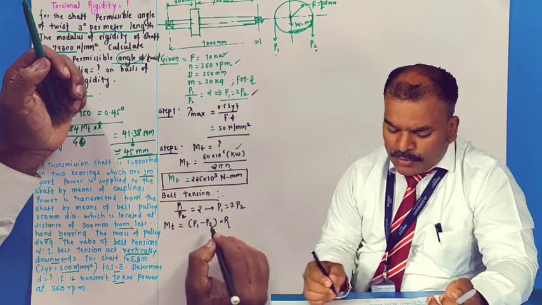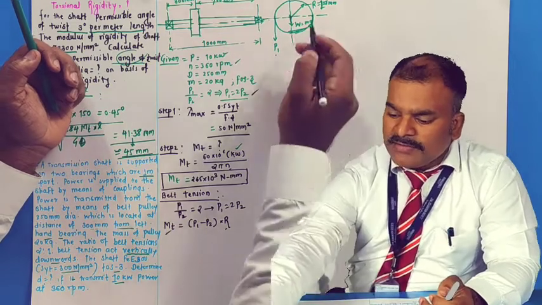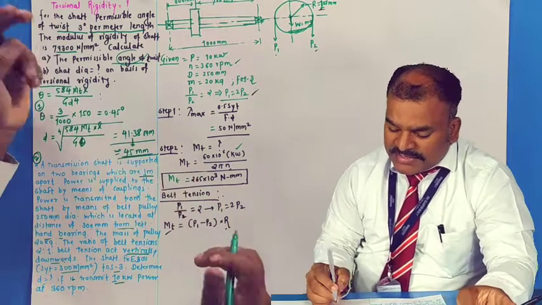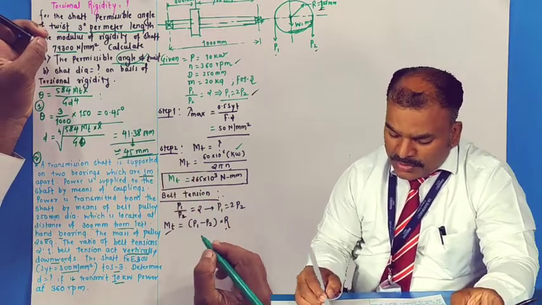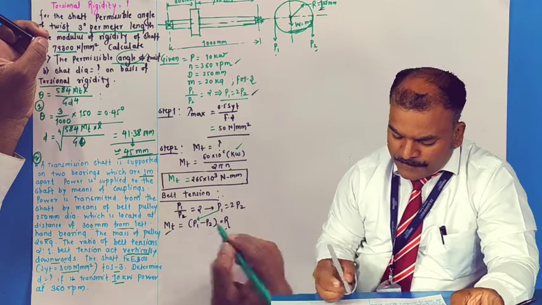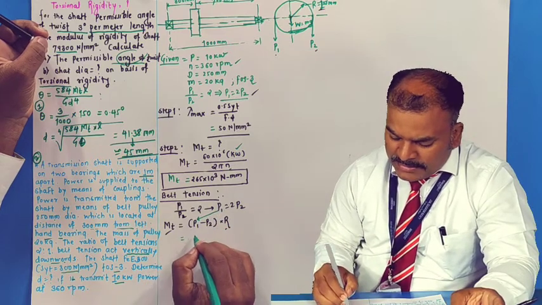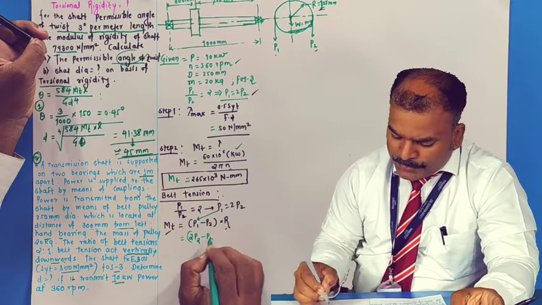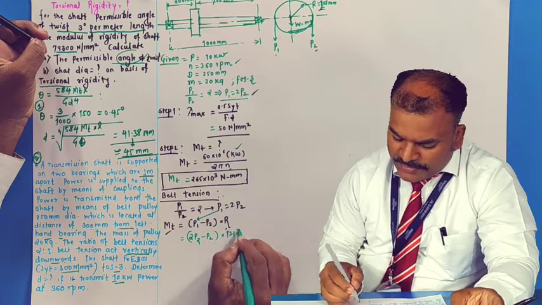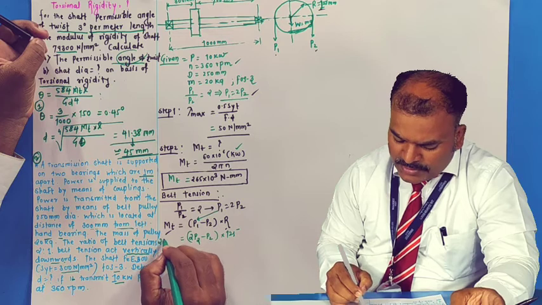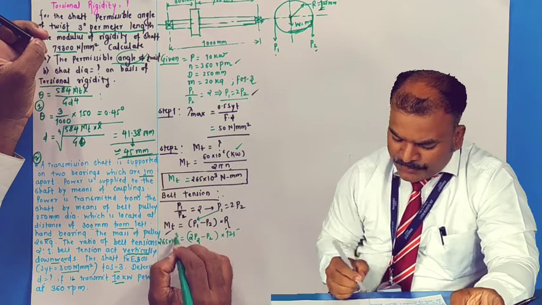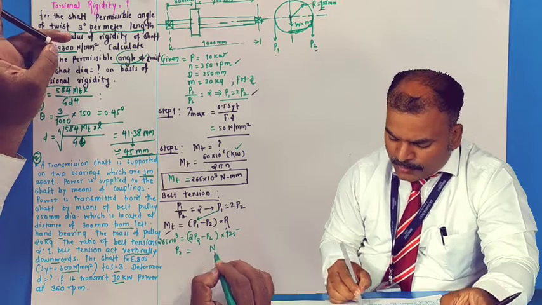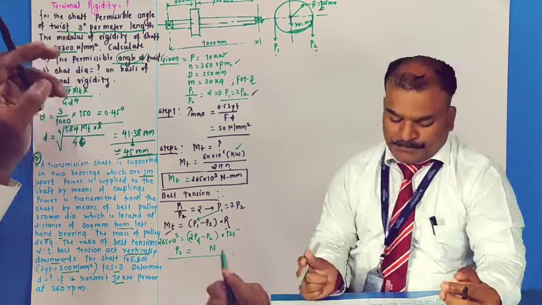P1, P2 we don't know, MT we know, R we know, that is 125 mm. P1 and P2 slack and tight side ratio they have mentioned, so I will put this value here. I will get 2P2 minus P2 into radius 125, which is equal to MT, 265 into 10 raised to 3.